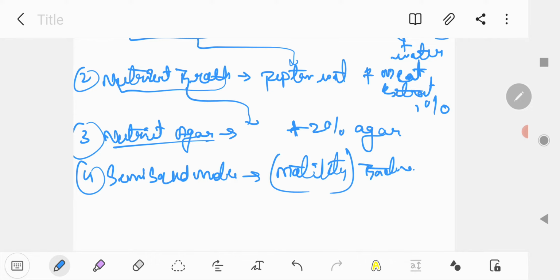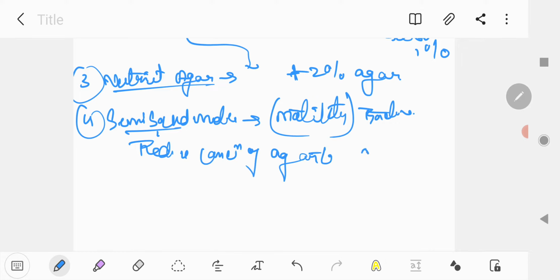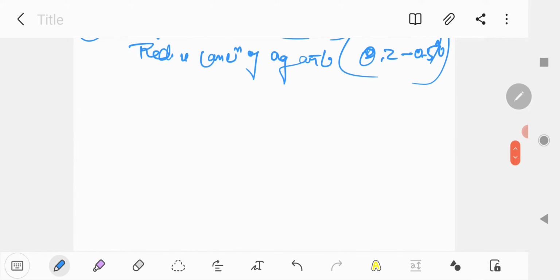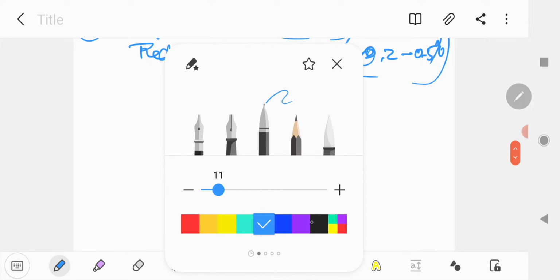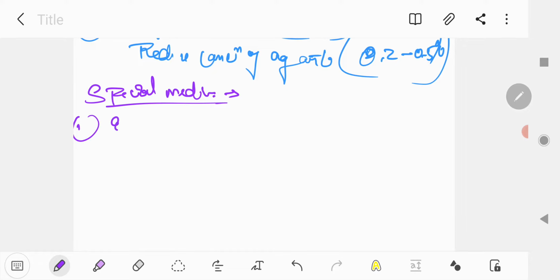And for the preparation of this, we have to reduce concentration of agar to 0.5%, so it will form your semi-solid media. Okay, so now we have to discuss about the special media. So what are the first? The first one is enriched media.